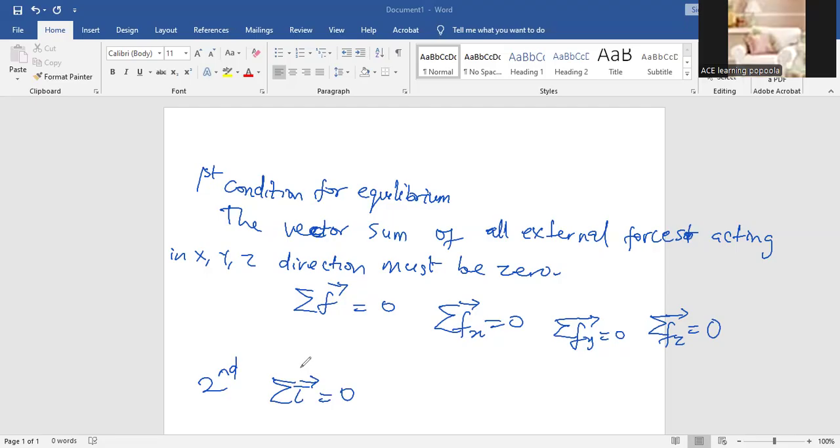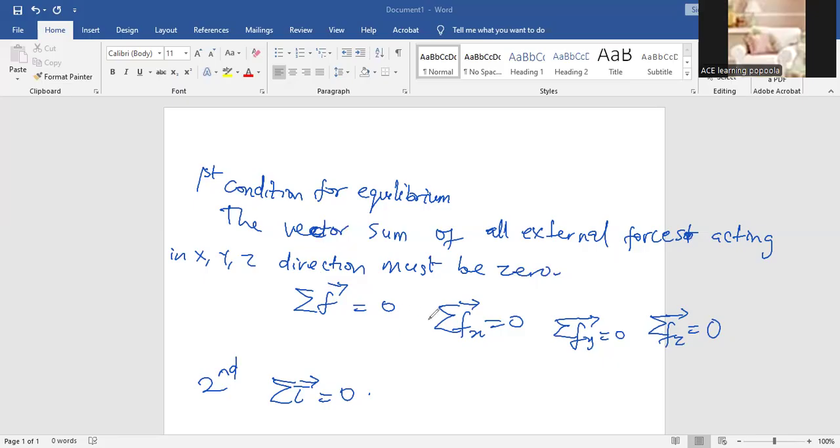Second condition for equilibrium is that the sum of all the external torque acting on the body must be 0. If you want to put it in another way, you can say that the body must not have the tendency to rotate. So those are the two conditions for equilibrium of elastic materials or bodies in general.